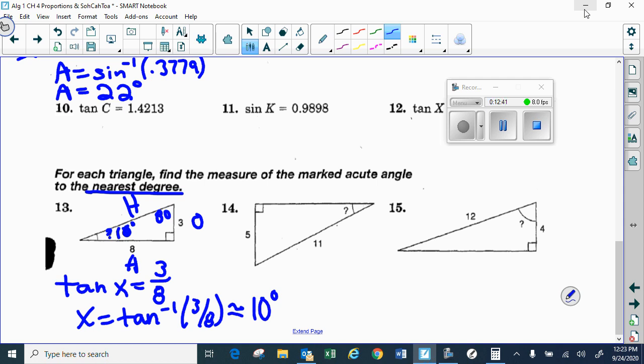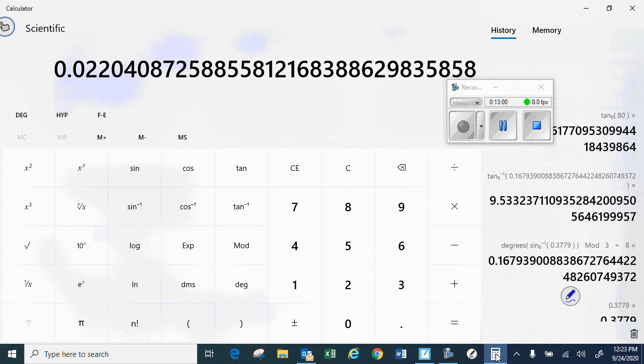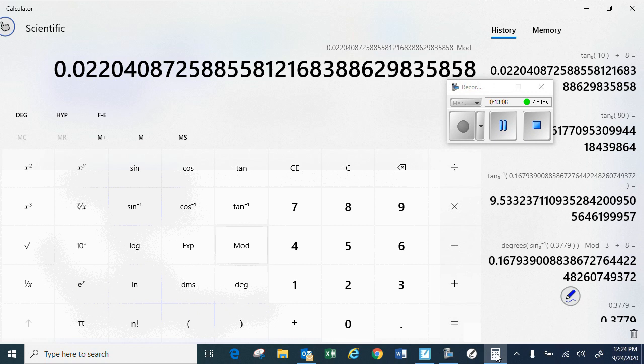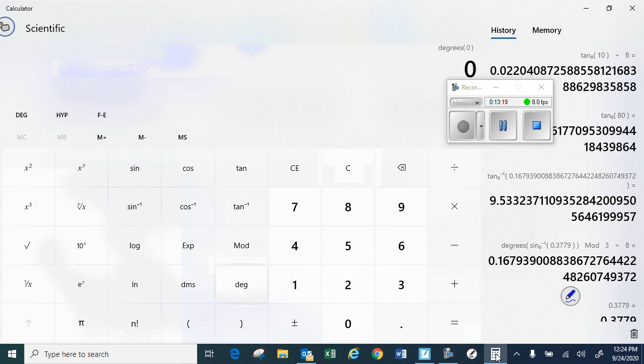So was I in degrees here? If I do tangent of 10, let me try tangent of 10. Do I have what my mode is here? I thought if I hit degrees, let me clear this. I'm in degrees.